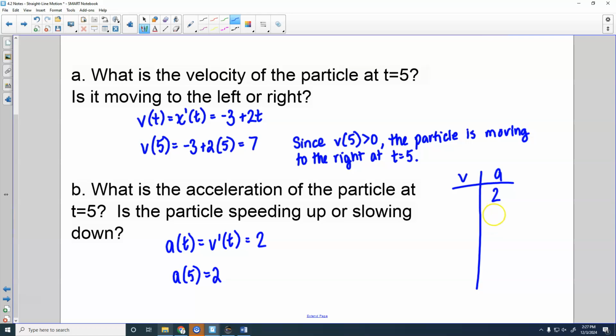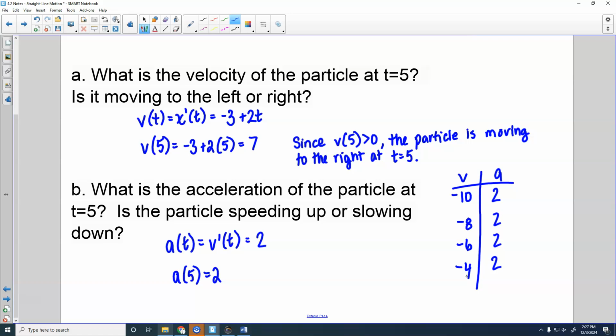So if my acceleration is always 2, acceleration is the rate of change of velocity, right? So that would mean maybe my velocity was negative 10, but then it's negative 8, and then it's negative 6, and then it's negative 4, right? That's the situation you have whenever your velocity is negative, but your acceleration is positive. So your velocity is increasing, but what's your speed doing?